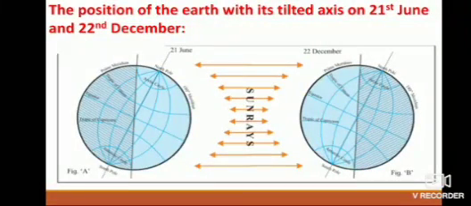The position of the earth with its tilted axis on 21st June and 22nd December. See, this picture will show you the position of the earth with its tilted axis.